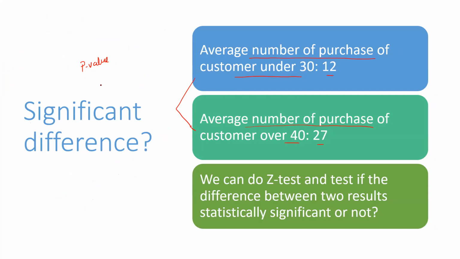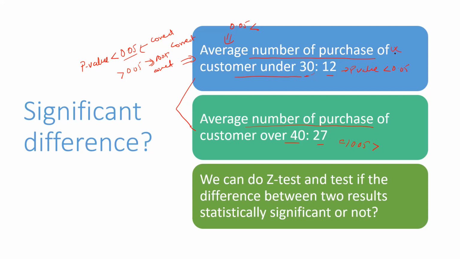If we calculate a p-value and it is less than 0.05, then this assumption is correct.